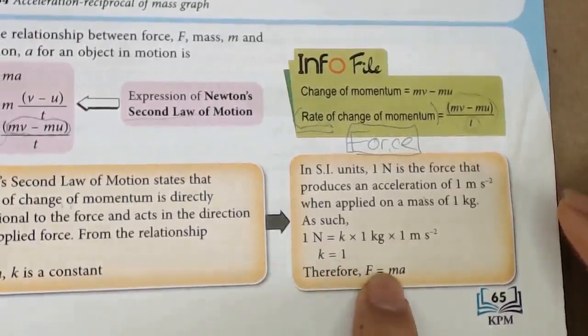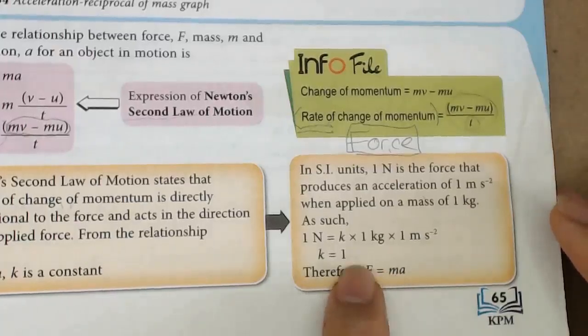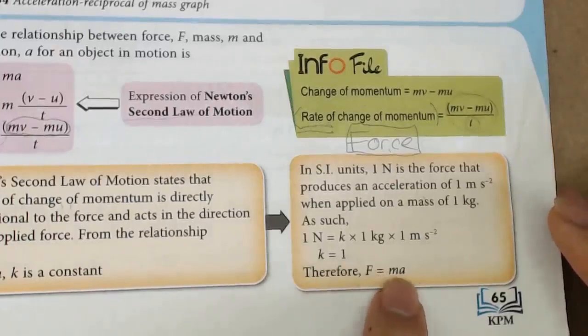Therefore, we no longer need to put the K here, because 1 multiplied by ma is ma.